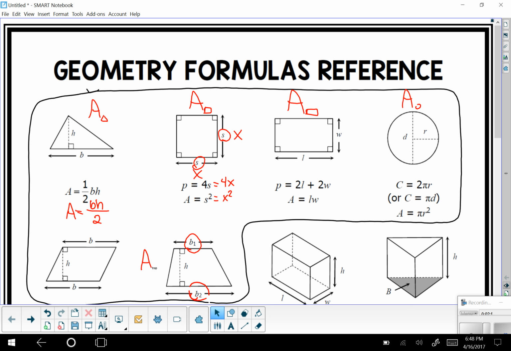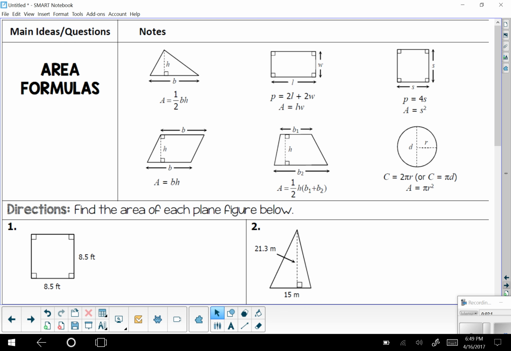Okay, so let's go to the next page. Here we are again with the formulas. Again, this can be written as b times h divided by 2. This is fine. This could also be written as 2 times the length plus the width.